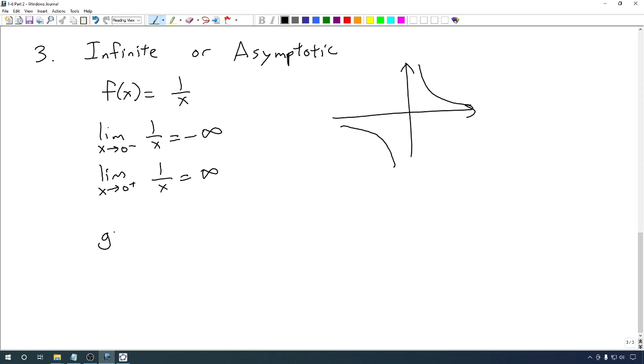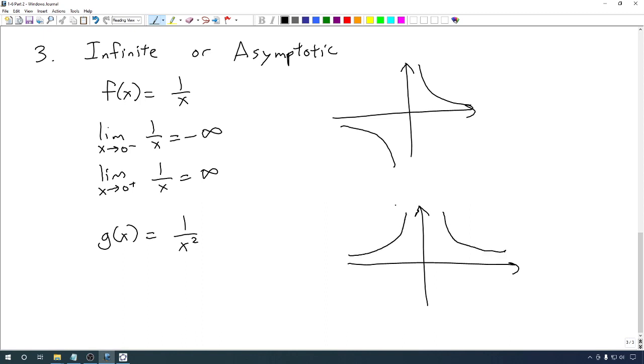Another example might be something like g of x is equal to 1 over x squared. This is similar to what we have drawn here, except this time we actually have the same limit on both sides. They actually go up to positive infinity. So since the limit on both sides is equal to positive infinity, we have a limit, in a sense, that is infinity.